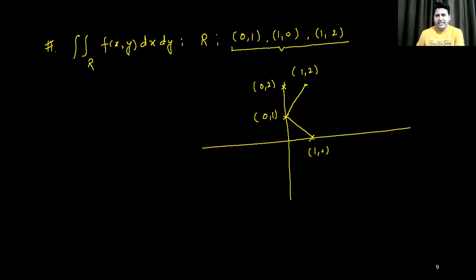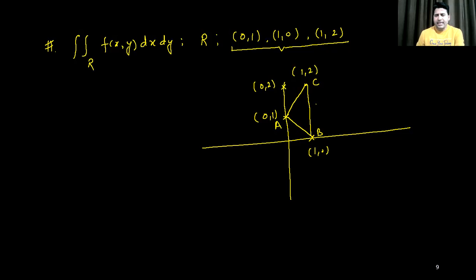I just match these points. If I name the points A, B, C, then ABC is the required region of integration from which we need to find the limit of the integral.